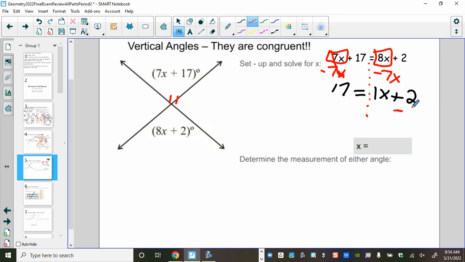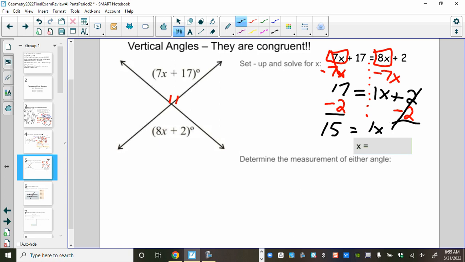And then you have to subtract 2 on this side because you can't combine these two terms, so this one has to move. Same thing over here. And then in the end, the 2's cancel, 17 minus 2 is 15 equals 1x.